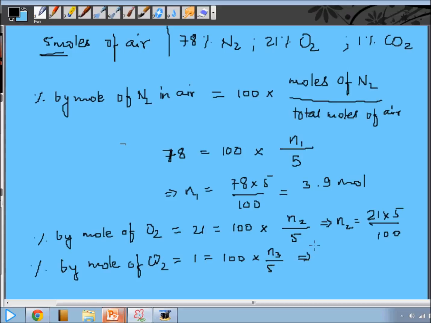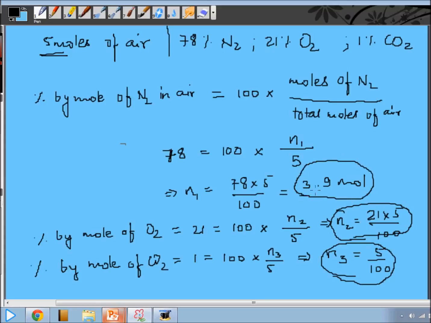So this gives me N3 is equal to 1 into 5 divided by 100. So these are moles of CO2 in my air sample. This answers the first part of the question. We now have moles of oxygen and moles of CO2 in our air sample. We also calculated moles of nitrogen. We don't need this for the first part, but we will need it for the second part.